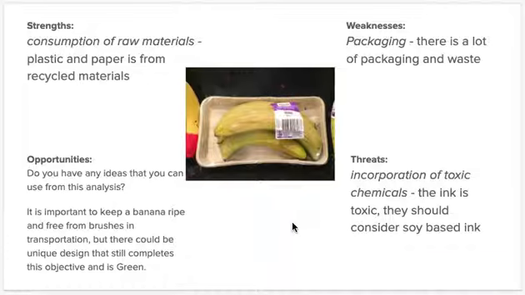Threats, it could also have toxic chemicals like the ink on the packaging that can be leached into soil when it's sent to the landfill. And maybe you got some ideas too, right? It's important to keep the banana ripe and free from bruises in transportation. So they could really consider some of these objectives and how you could use maybe a new type of packaging to protect the bananas that's also biodegradable, right?